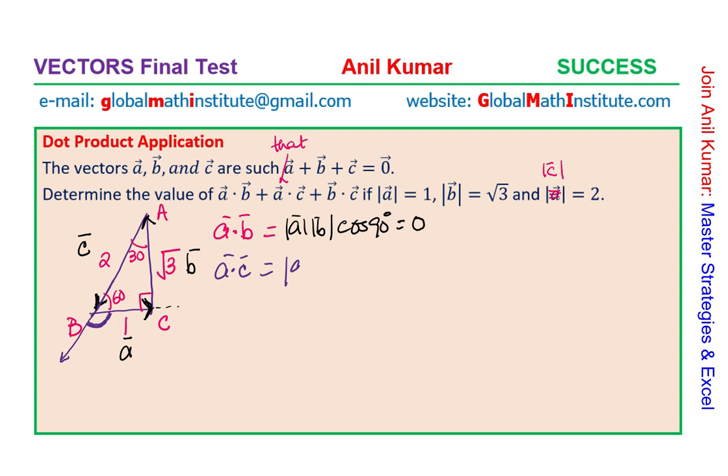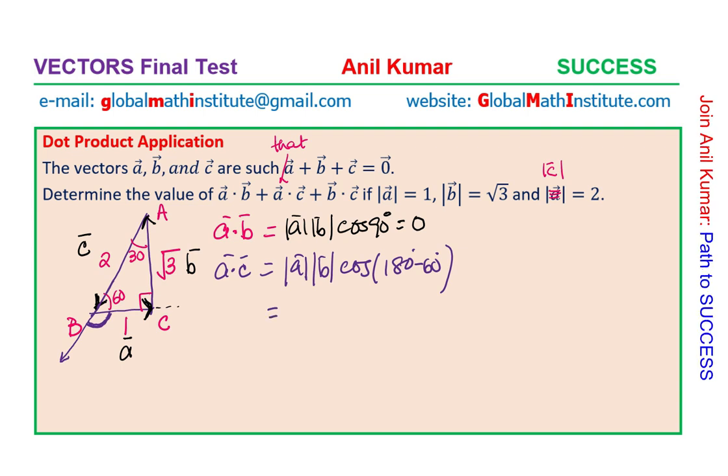So it is magnitude of A times magnitude of C times cos of 180 minus 60, which is 120 degrees. You see that? The whole thing is that this is going to be negative, right? The magnitudes being 1 and square root 3. However, the cos of 180 minus 60 will be minus cos 60, which is minus half.